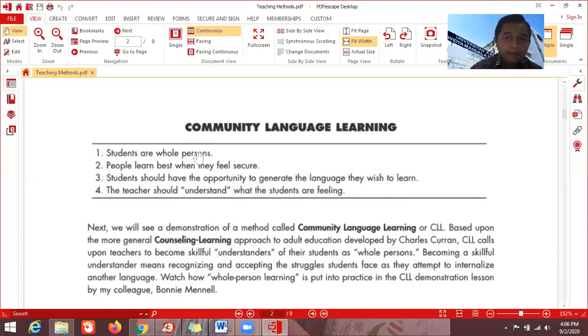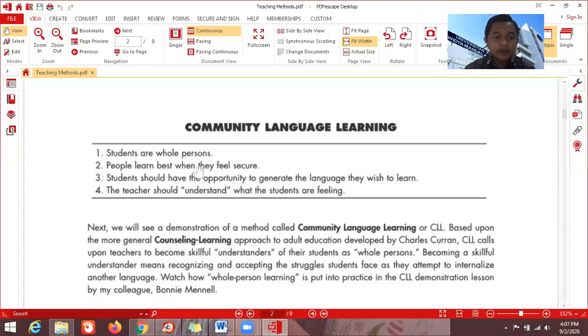I can feel happy, I can feel sad, I can understand things, but I also cannot understand some things that are beyond my expectation, for example, beyond my capacity. So in community language learning, individuals or members are seen as part of the community that they belong to.